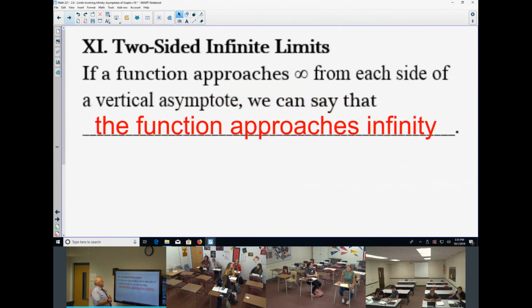All right, two-sided limits. If a function approaches infinity from each side of the vertical asymptote, we say that the function approaches infinity. So if you have a vertical asymptote and both sides go up, then we say the limit is infinity. So even though the function is discontinuous, it still can have a limit at infinity.